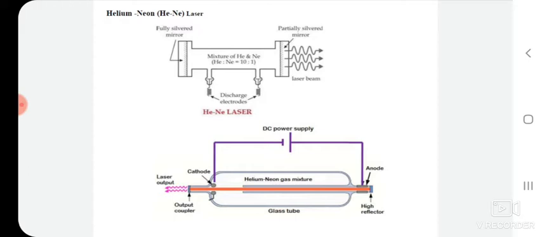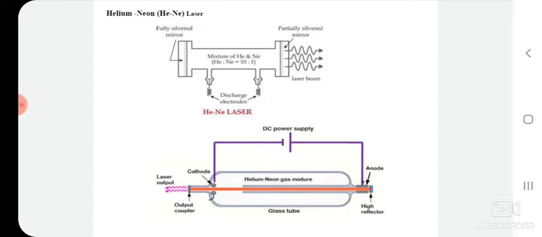In this laser, initially we discuss its construction, its energy level diagram, its characteristics, its applications, and advantages and disadvantages of the He-Ne laser. So let us discuss one by one.